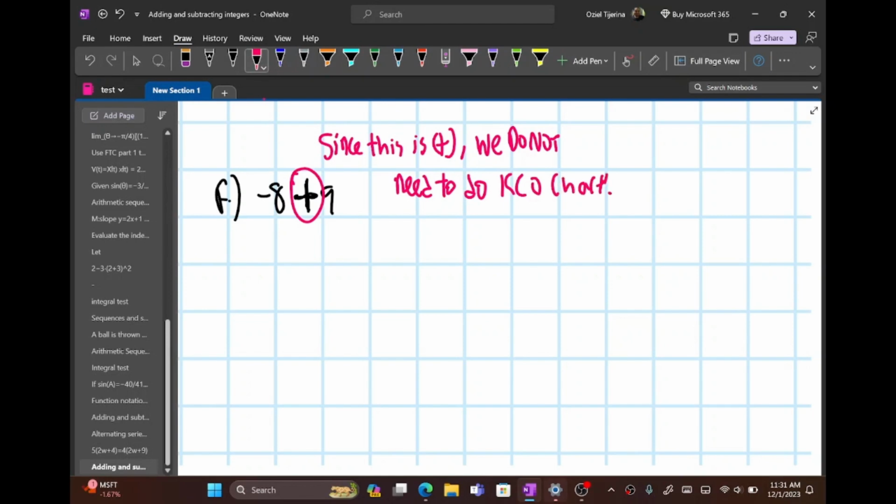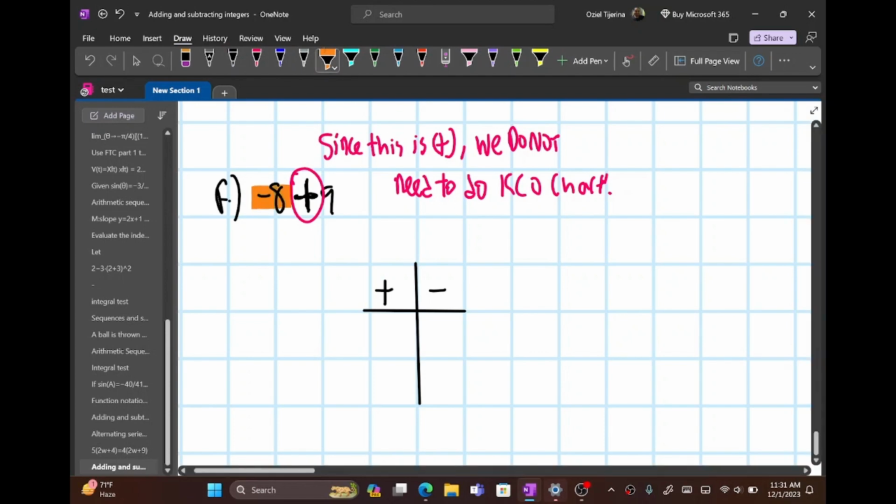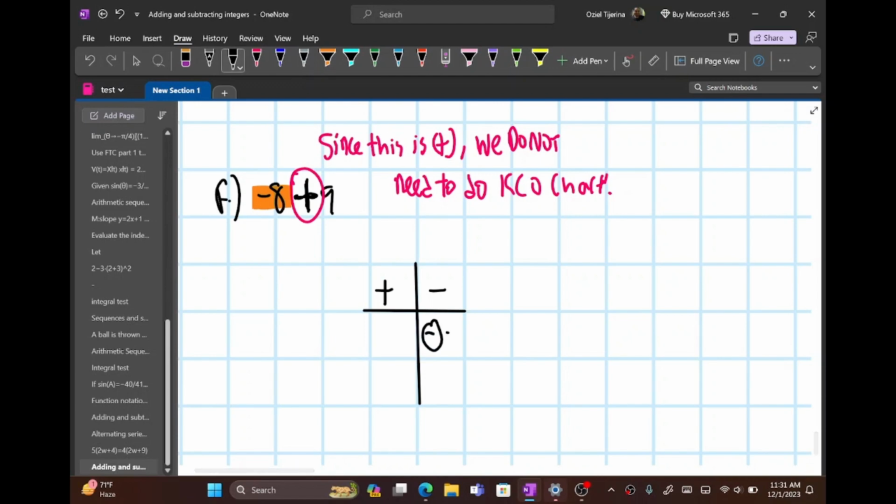We're going to do a t-chart instead. Here we're just going to have positives and negatives, right? So how many positives are there? How many negatives? There are 8 negatives, right? So we're going to put those in for this part.